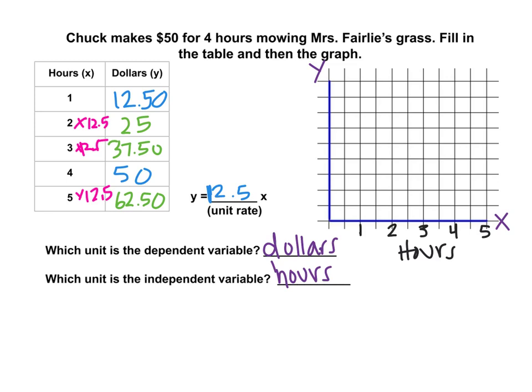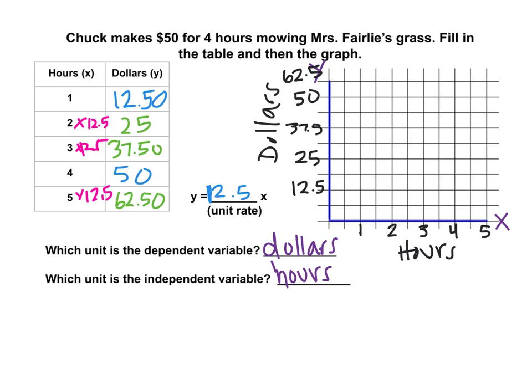So I might as well label it that way too, just to make it easier for myself. So I'm going to do this one as 12.5, 25, 37.5, 50, and then 62.5 up here at the top. And those are my dollars.